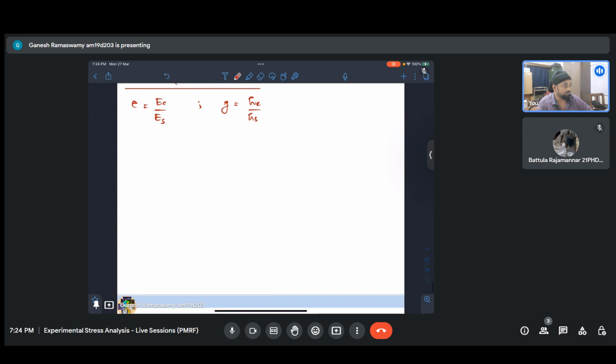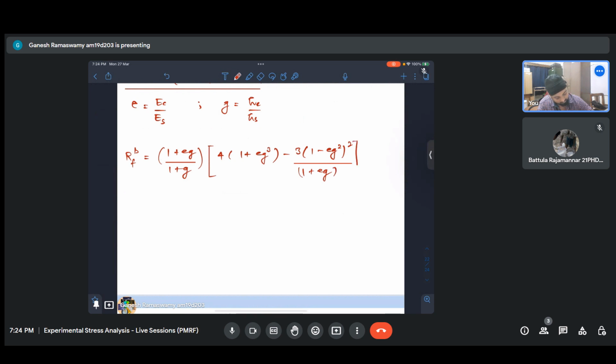So the correction factor required for bending is given by 1 plus EG upon 1 plus G into 4 into 1 plus EG cube minus 3 into EG squared, the whole squared, by 1 plus EG, the entire thing multiplied by 1 plus mu s upon 1 plus mu c.